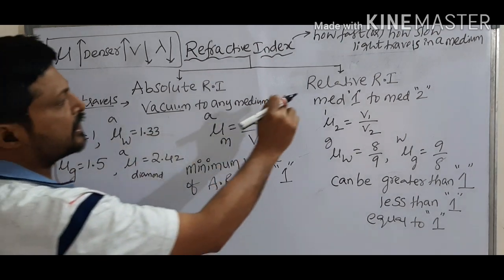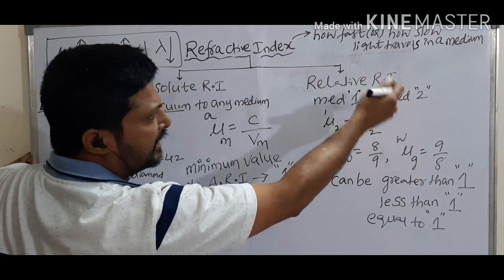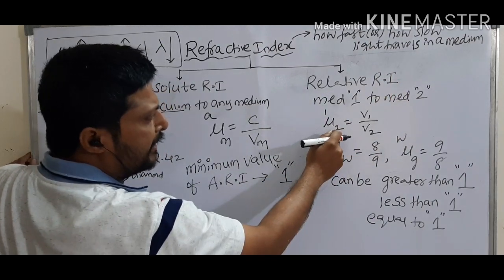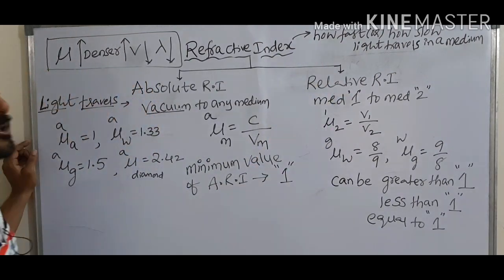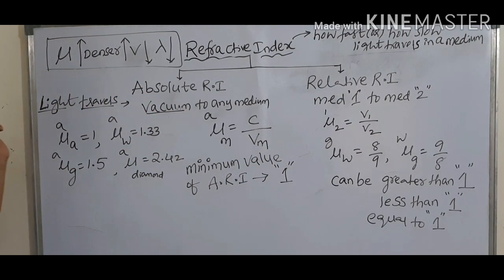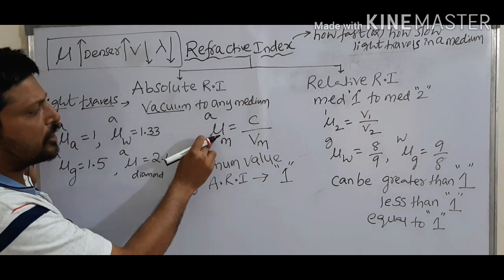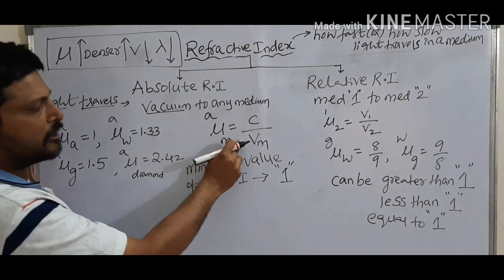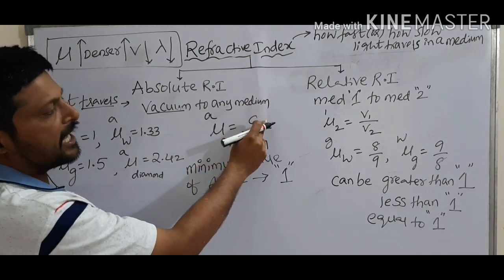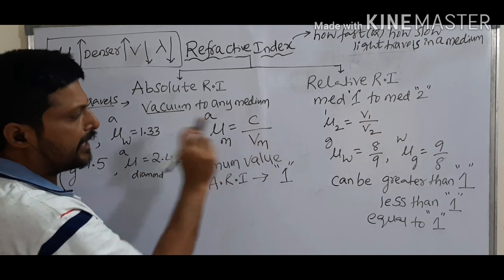When light travels from medium 1 to medium 2, the refractive index of medium 2 with respect to medium 1 is called relative refractive index. This is the formula for absolute refractive index: refractive index of a medium with respect to air is equal to C, the speed of light in air, divided by the speed of light in the medium.